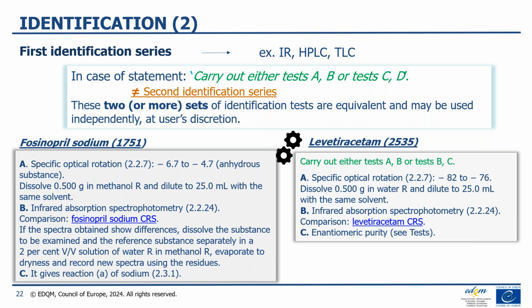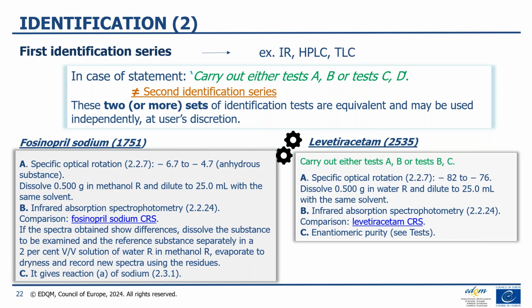Let us see a concrete example. In the case of fosinopril sodium, 3 tests are described in the first identification: specific optical rotation, infrared spectrophotometry, and a chemical reaction of sodium. Those 3 tests have to be performed in order to comply with the requirements of the first identification series.